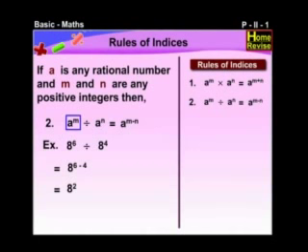That means the rule is A raised to M divided by A raised to N is equal to A raised to M minus N.